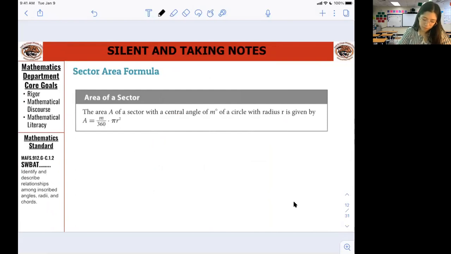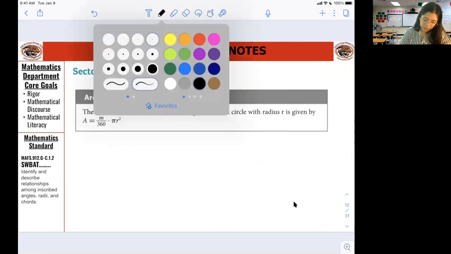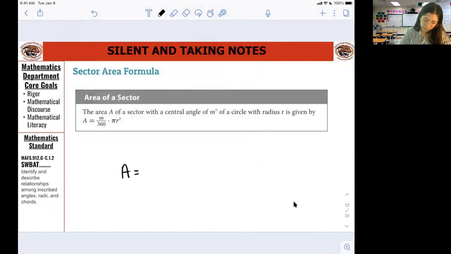So here's my formula. I'm going to write it down over here. Area equals m over 360 times pi r squared. A stands for area of a sector. M is, like Daniel said, the central angle.